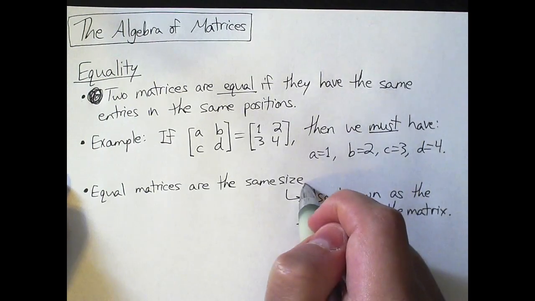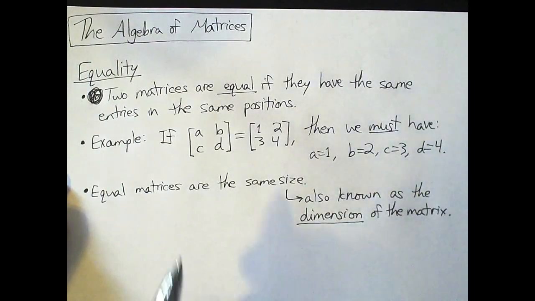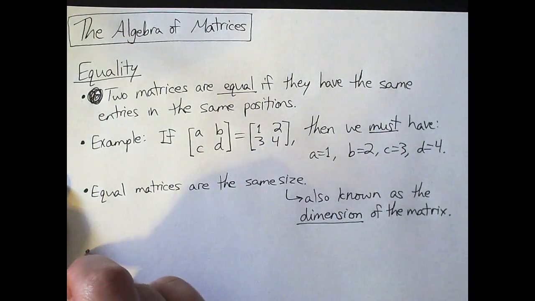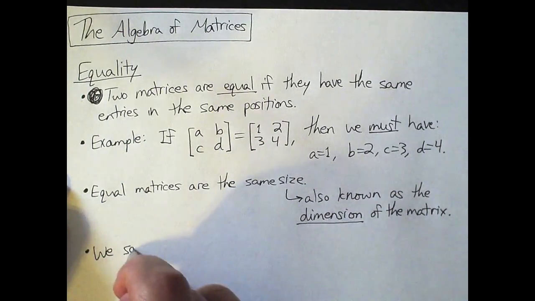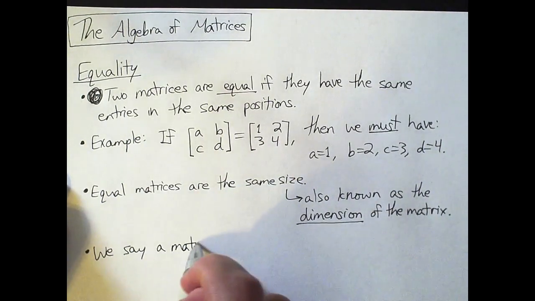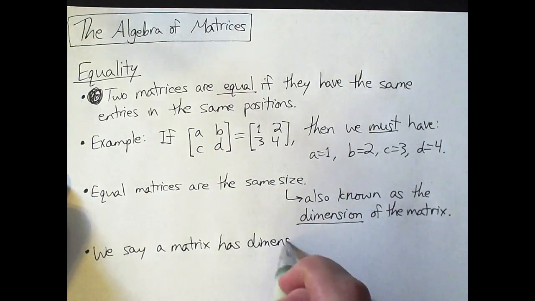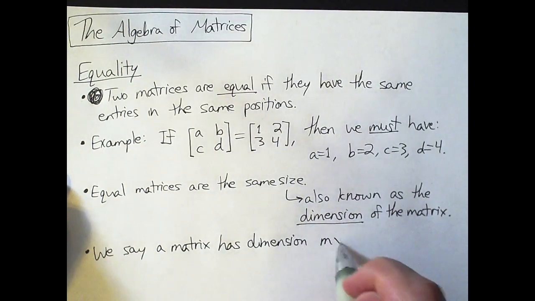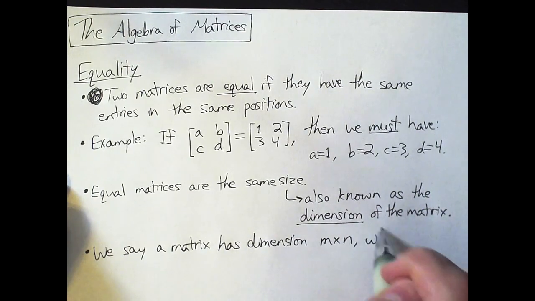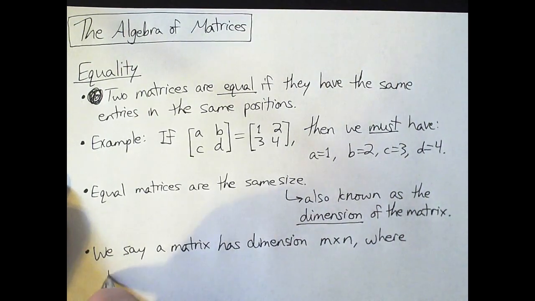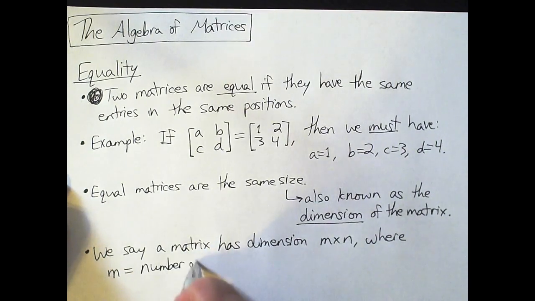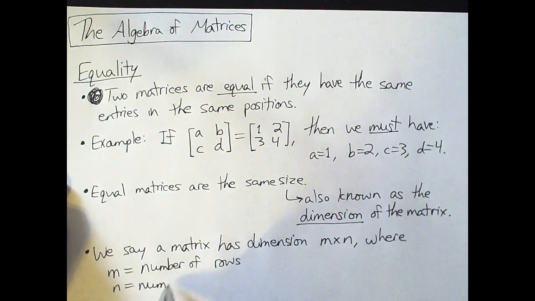And when we say the size of a matrix, we have to say how many rows and how many columns it has. We say a matrix has dimension m by n, where m is the number of rows and n is the number of columns.